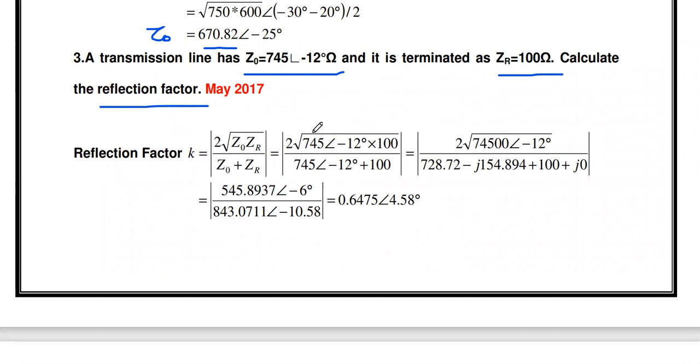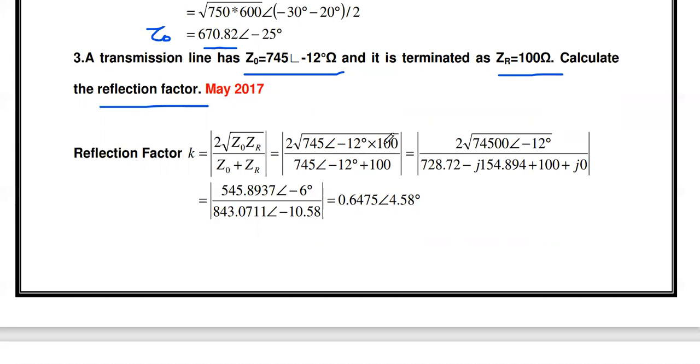So simply substitute: 2 into the square root of Z0 times ZR, where Z0 is 745 with angle minus 12 and ZR is 100, divided by 745 with angle minus 12 plus 100. Here Z0 is in polar form. Multiplication and division are easy in polar, but addition and subtraction are not possible in polar.